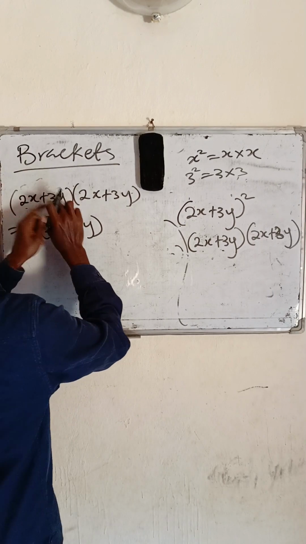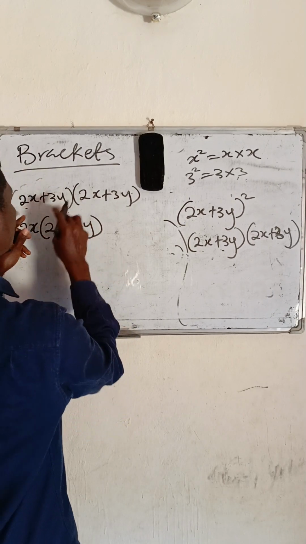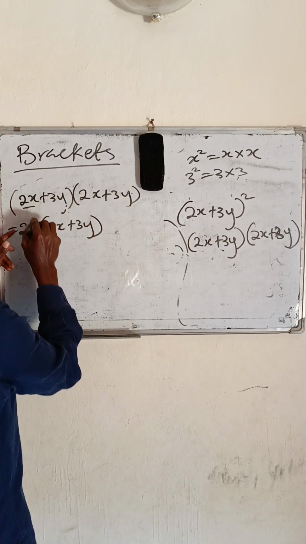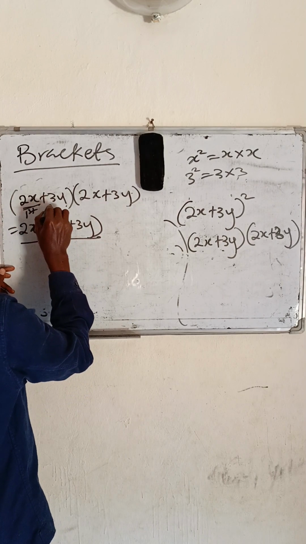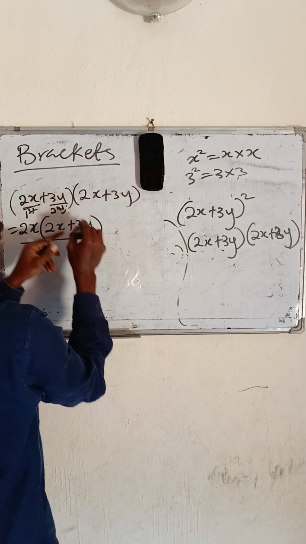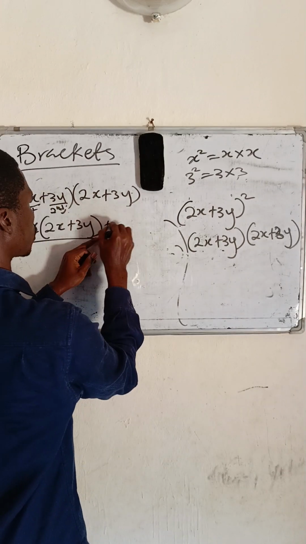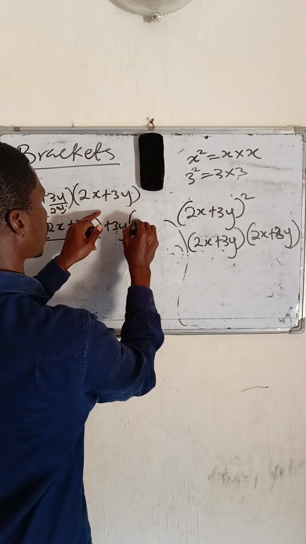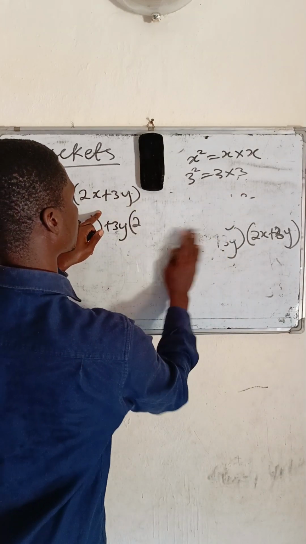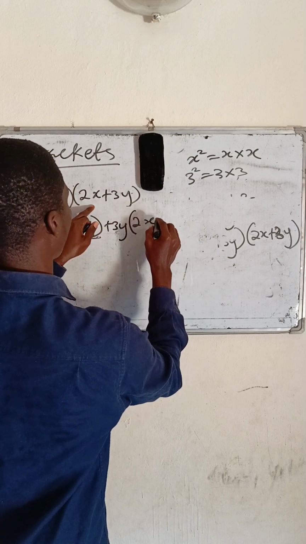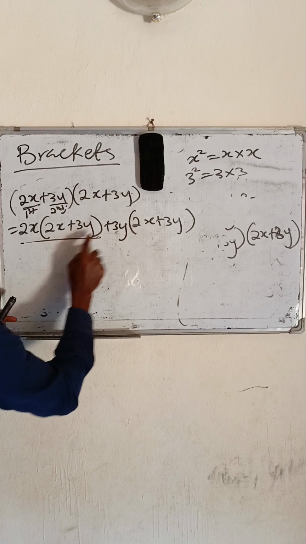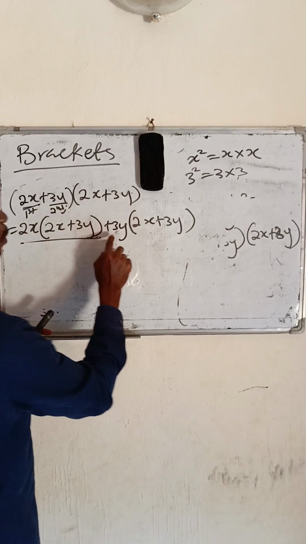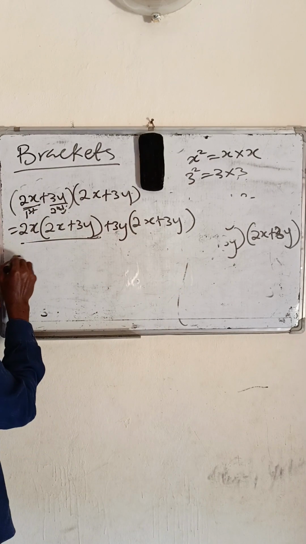Then use the second one, what is the sign? Plus 3y. Use it again for that bracket, 2x plus 3y. So first you multiply this bracket, second you multiply this bracket. So you expand with expansion.